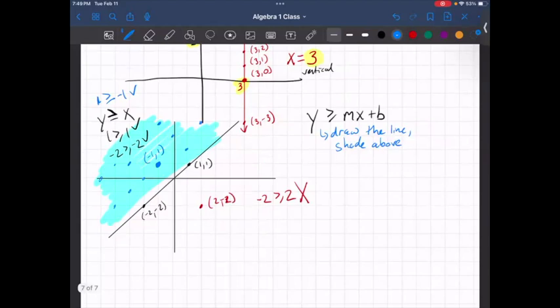Well, what if instead I wanted y is less than or equal to some line? It's basically the same, except I don't want all the numbers that are greater than the line. I want all the numbers that are less than the line. So this would be draw the line, shade below.